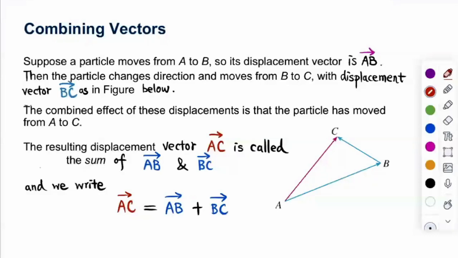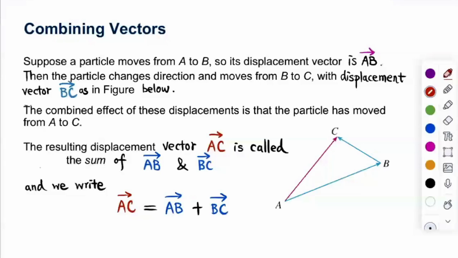Then after that, you change direction and move from B to C. BC, with an arrow on top, is another displacement vector, right? So you go from A to B and then from B to C.